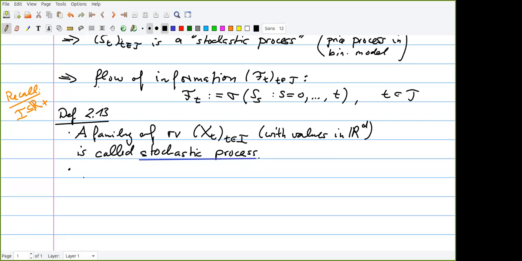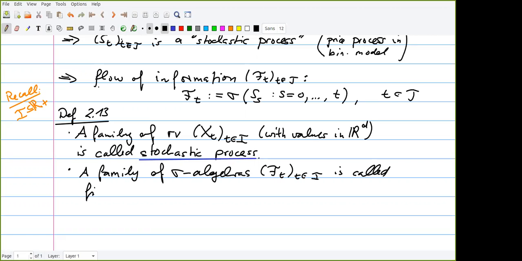And now second, belonging to this stochastic process, you usually have a family of sigma algebras, as we have seen in our little example. A family of sigma algebras also indexed by I is called a filtration if they are increasing.